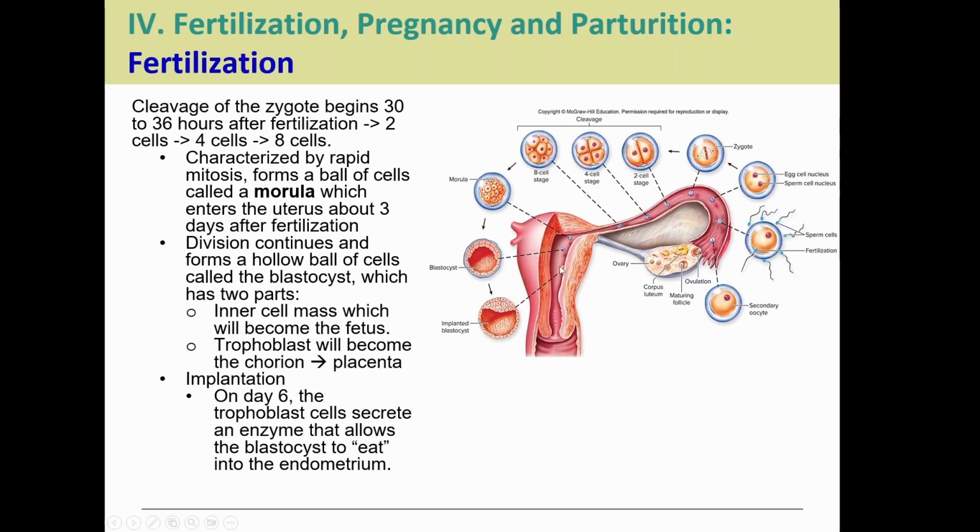And so it's important to note that the term pregnancy refers to after implantation. Everything here is not pregnancy, right? That is just fertilization, but it's not pregnancy. And so this is why something like Plan B can function.